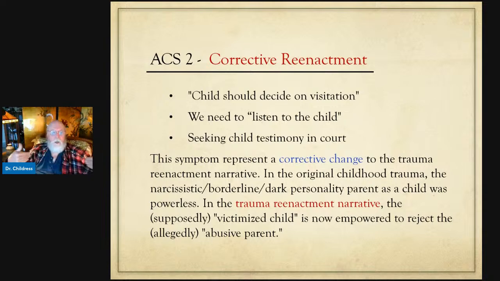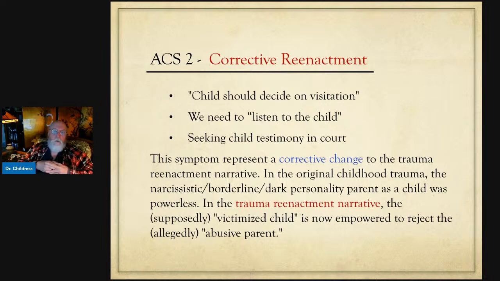We need to de-triangulate the child, and that parent is putting the child right in the middle. And all of this is putting the child right in the middle. This symptom, interestingly enough, represents a corrective change to the trauma reenactment narrative.